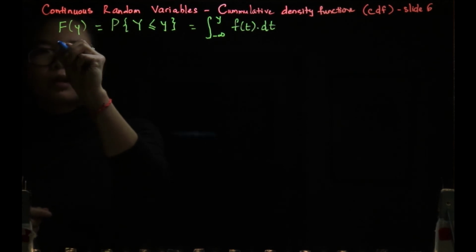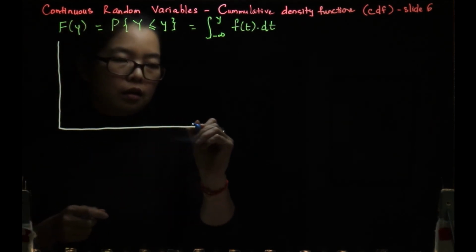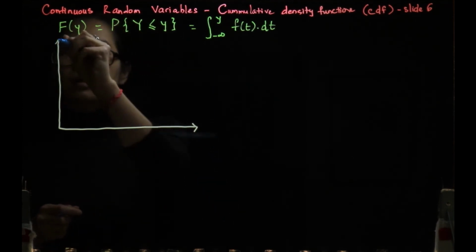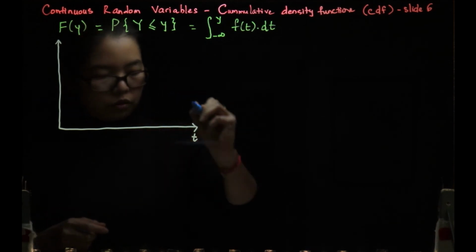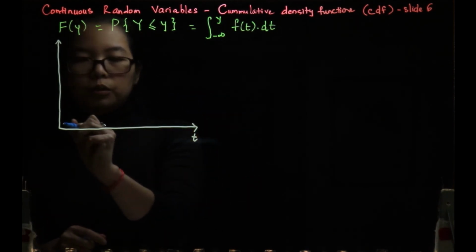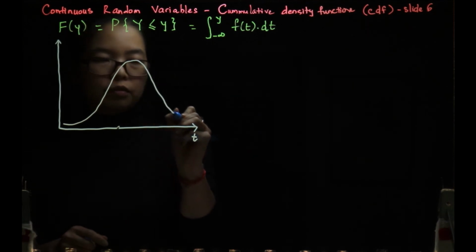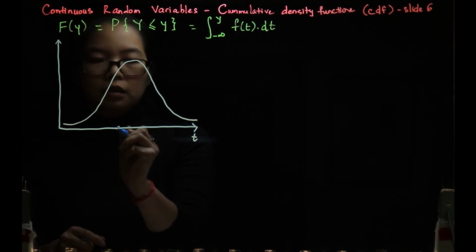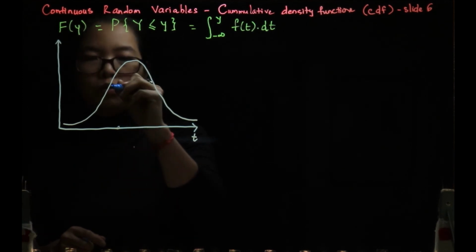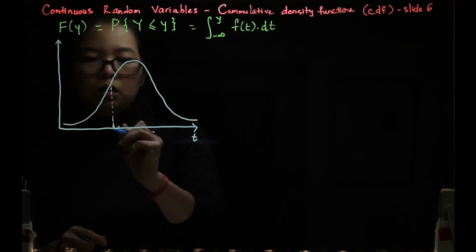Graphically, it would look like this. So the distribution, let's say we have a distribution just like the famous bell curve, right? And here is a point y.